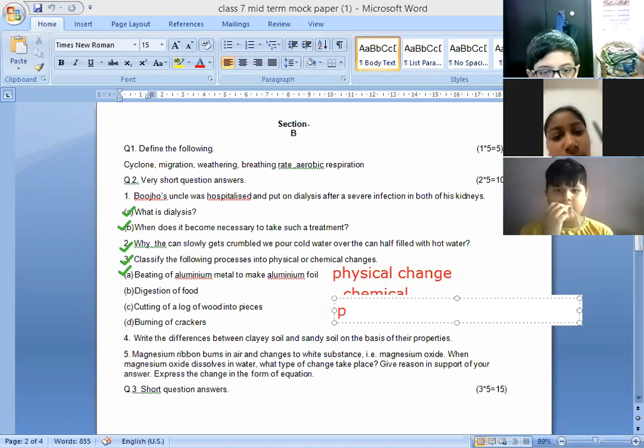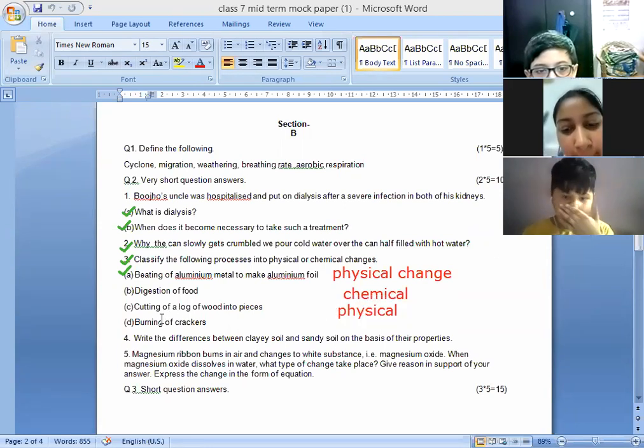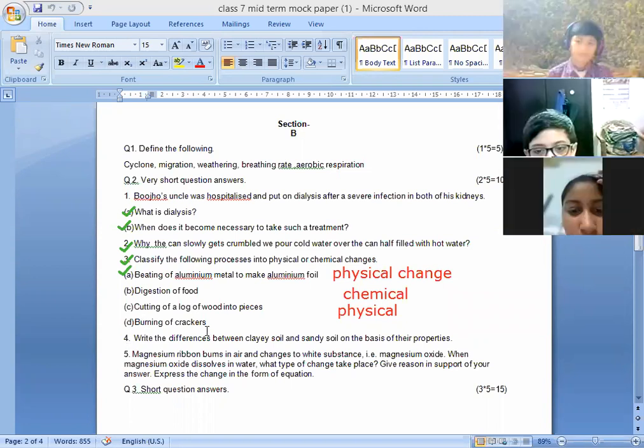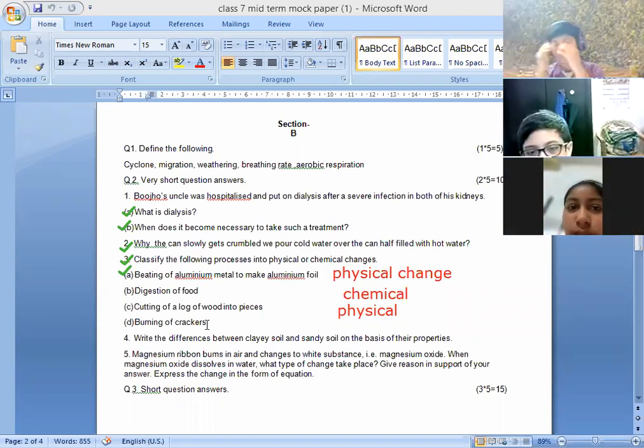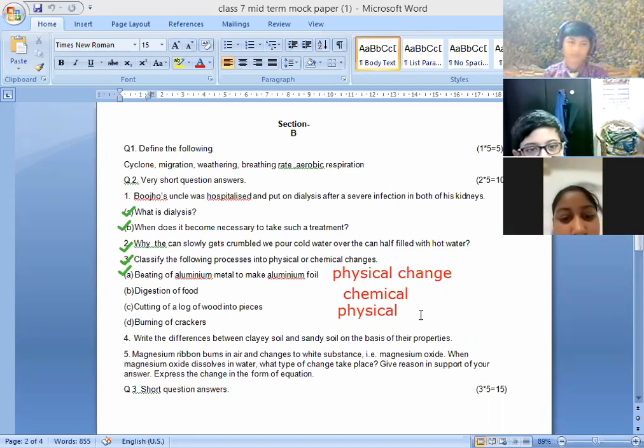Yes, physical change. Reason? Because when cutting a log of wood, you are cutting the wood into smaller pieces. So that is a physical change.